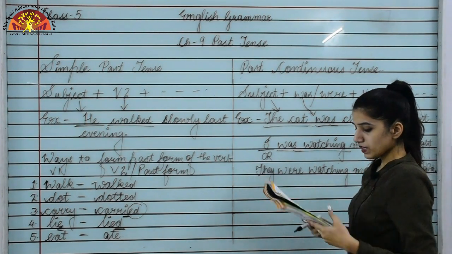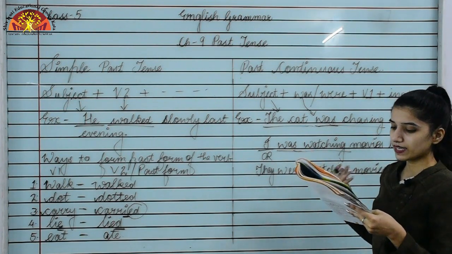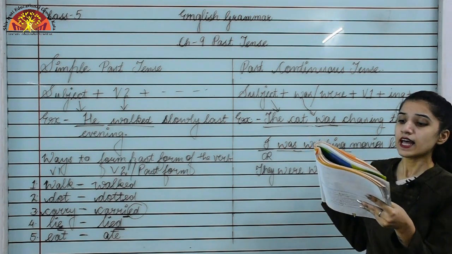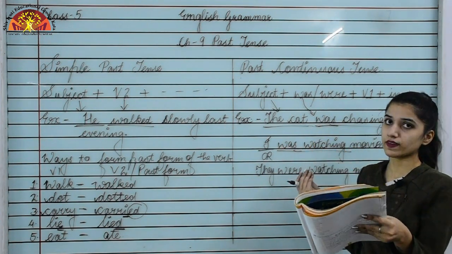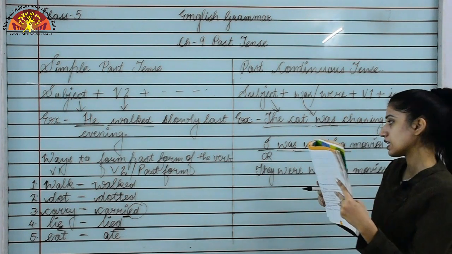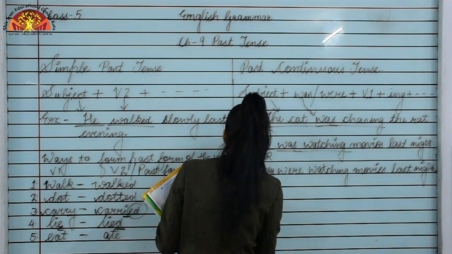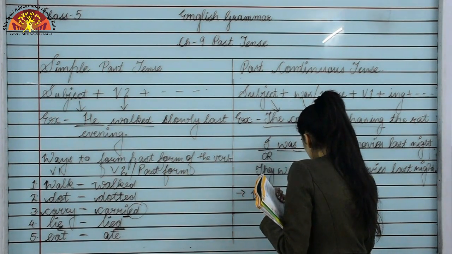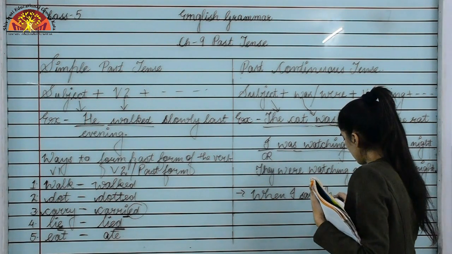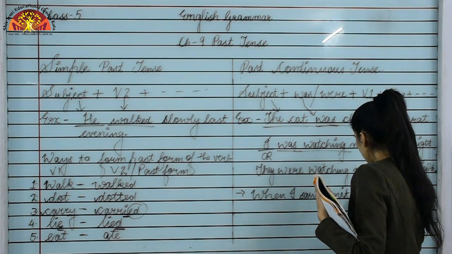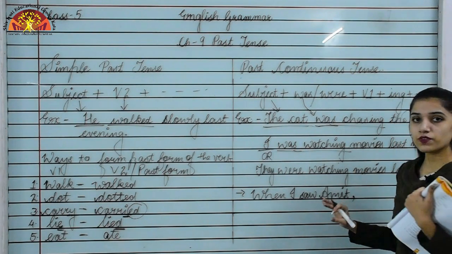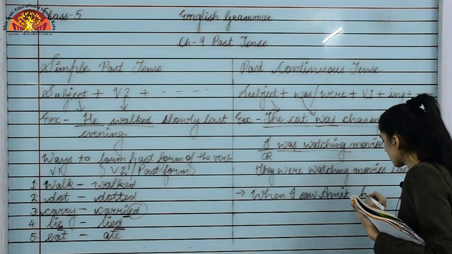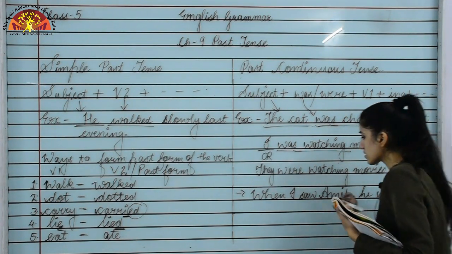Okay, so now the second use of the past continuous tense is that it indicates an action that was in progress when another action occurred in the past. So I am writing an example over here: when I saw Amit. What action was continuing?